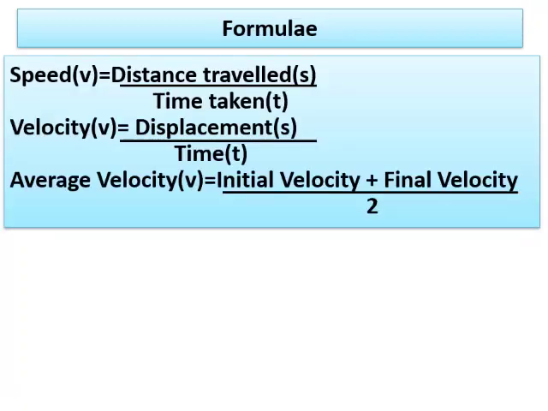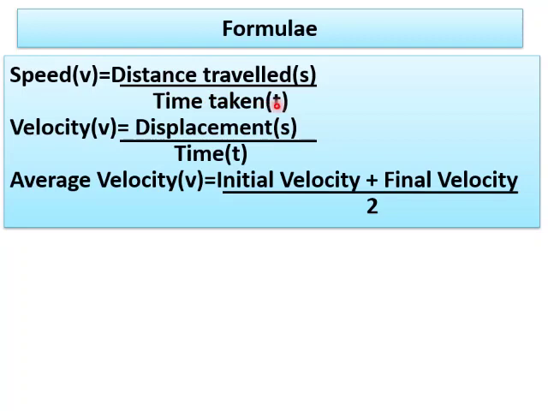Here, whatever we have completed, this formula we have to use while doing numericals. So once you see this is speed, speed is represented with v, and distance traveled is represented by s, by time taken is represented with t.